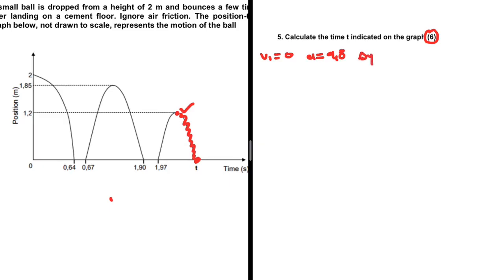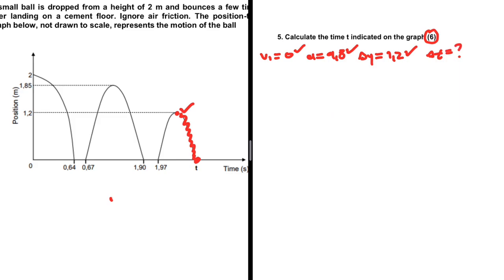We have the displacement. When we strike the ground, the displacement will be 1.2 meters downwards. You can clearly see here that the position is 1.2 meters above the ground. So Vi, acceleration, delta y, let's find delta t.